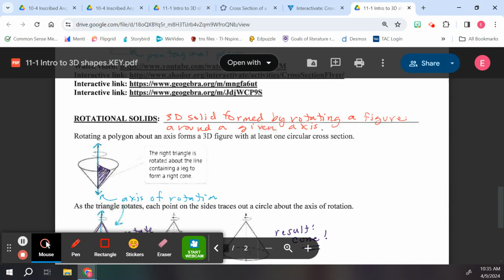So in this case, if we took a right triangle and we rotated it around an axis, that's how we get a cone. This is known as the axis of rotation. It doesn't have to be on a coordinate plane to be an axis. It just has to be a guide so that things don't go off course.